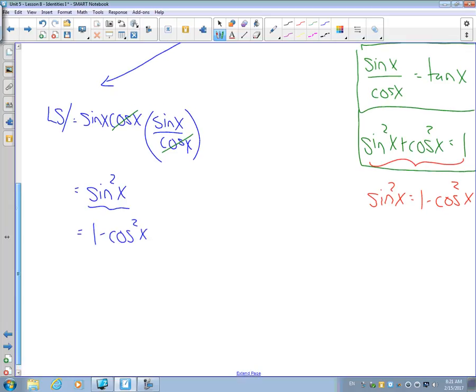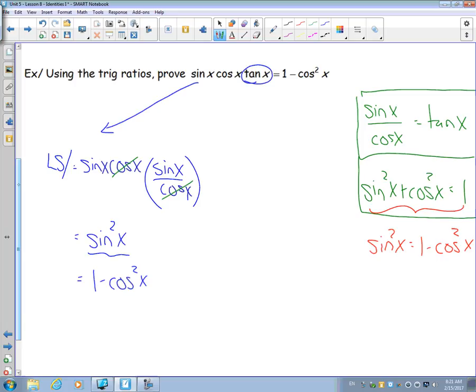And what did I want in the beginning? I wanted to prove that that's what I had. So I've proven that the left side equals the right side by using my two little identities. That would be these two over here, in a slightly different form, obviously. But now I can prove just using the trig words, as opposed to x, y, and r, that these two things are equal.